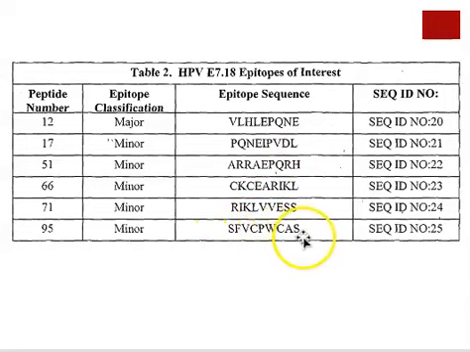And that's what you're looking at here. A string of letters that tells us the order of amino acids in this particular epitope. These are the epitopes that we then target the vaccine against, because we know that these particular regions on the antigenic protein will elicit an immune response.